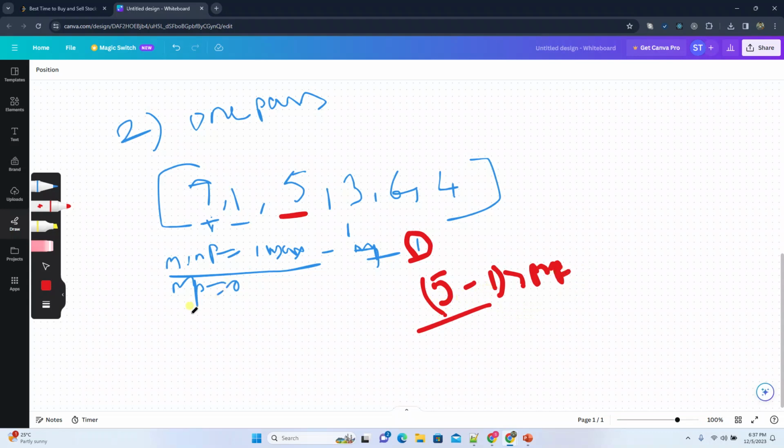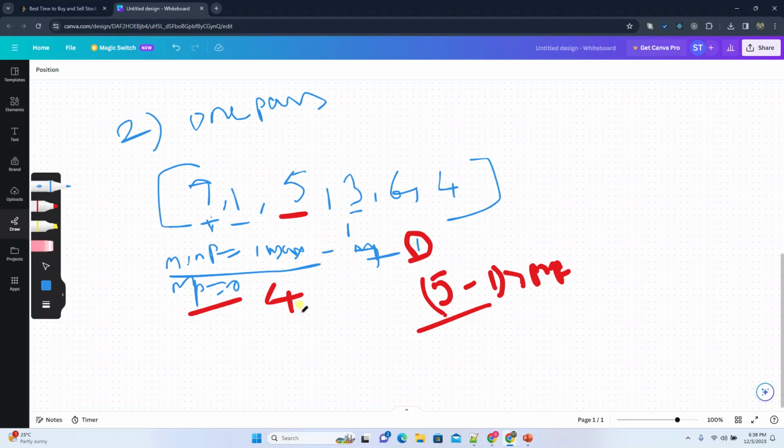In this case, 5 minus 1 is 4, and 4 is greater than 0 because the current is 0. Right. So now the maximum profit will become 4 in this position. Okay. Fine. So the maximum profit is 4 and the minimum price is still 1 only. We are not changing that. So now I will move to here.